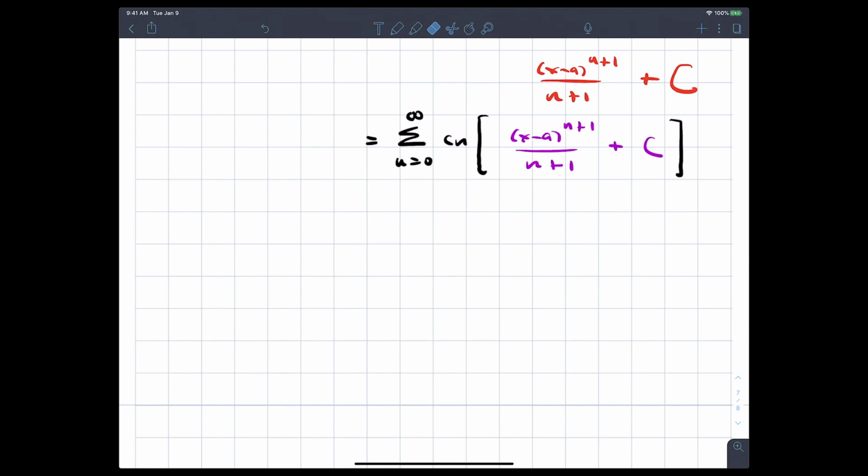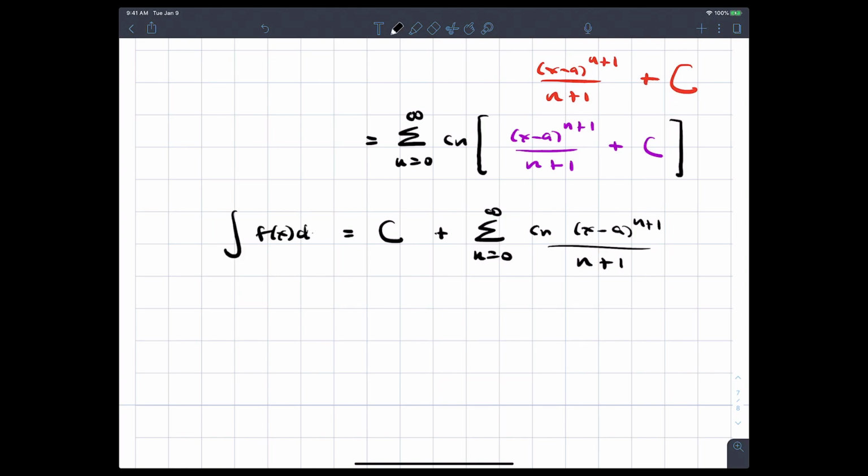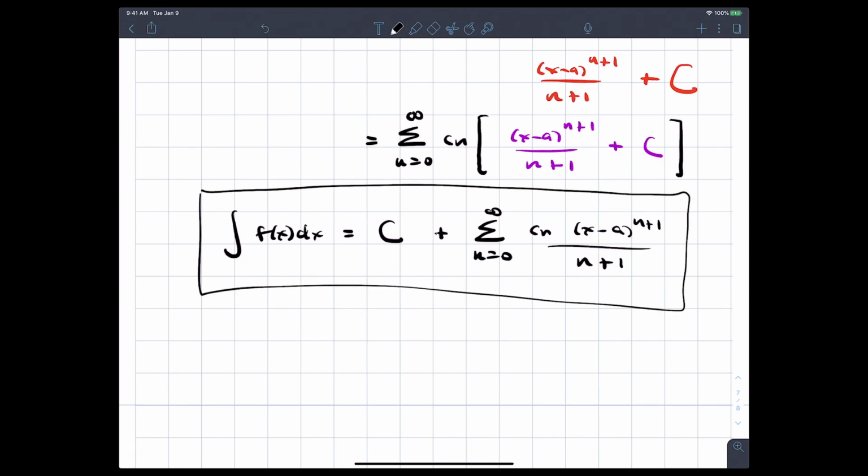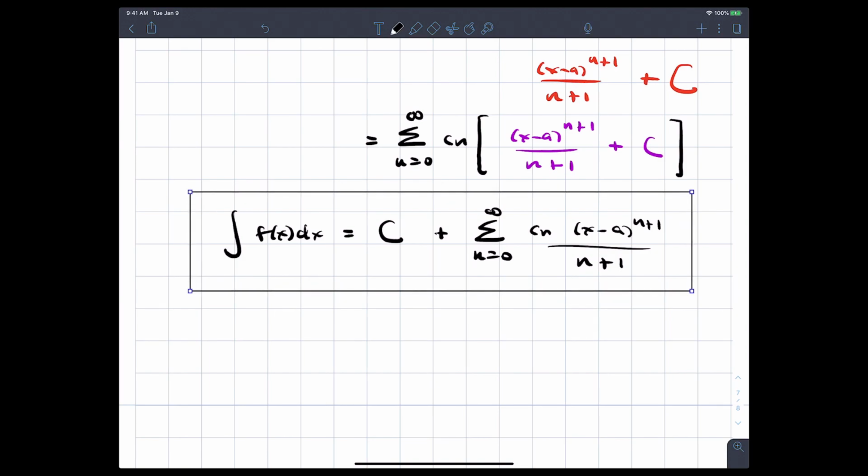Here's the theorem. They're going to put your constant outside, and I could explain why. And then they have Cn, x minus a to the n plus 1 over n plus 1. And that's the integral of f(x) dx. So we have a very important method here to actually integrate.